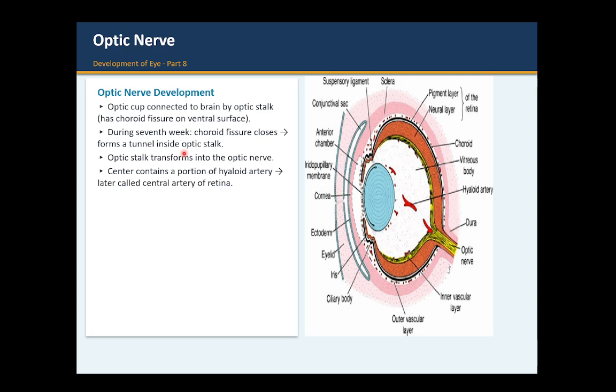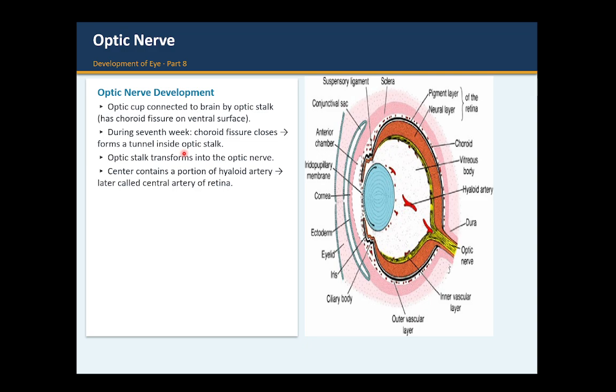Okay? So what we have made, we have initially the optic vesicle. This optic vesicle arises from the forebrain and moves towards the surface ectoderm.